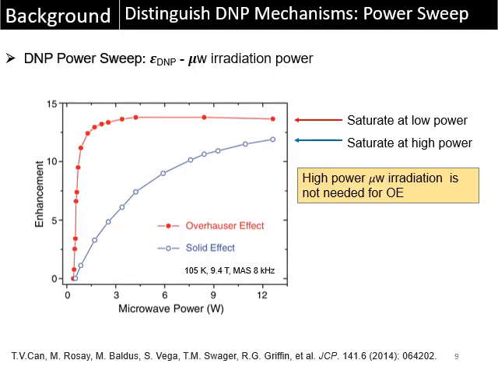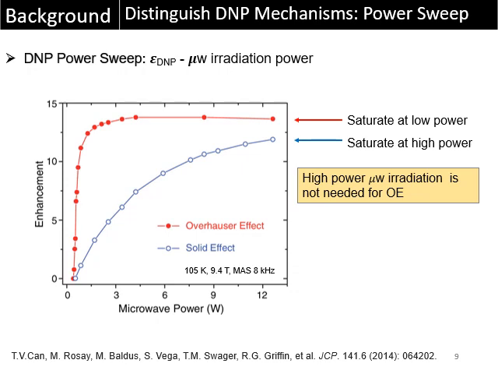Another experiment to distinguish the DNP mechanism is a power sweep, which is DNP enhancement as a function of microwave irradiation power. Here, they picked the optimum field for the Overhauser effect and the solid effect, then swept the microwave power from 0 to 12 volts. They observed that the Overhauser effect saturates at low power, while the solid effect saturates at high power.